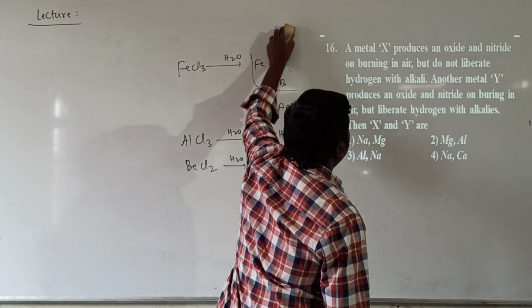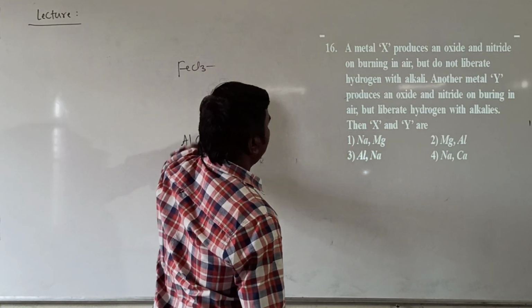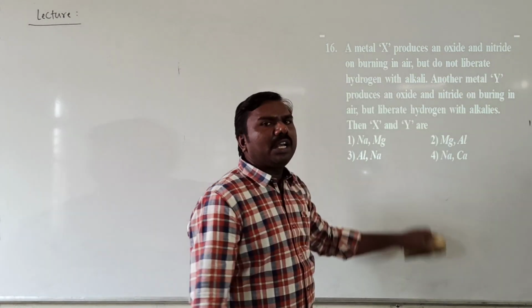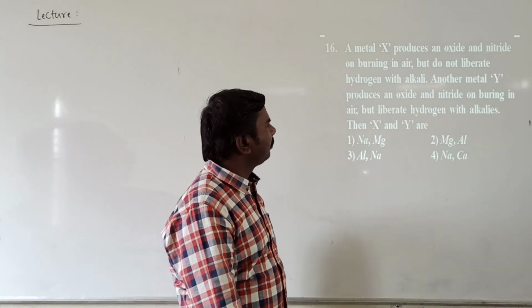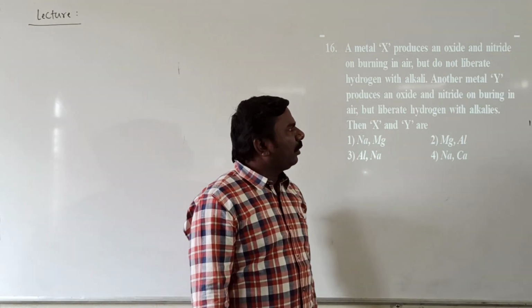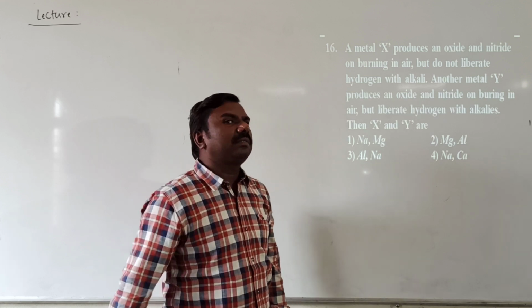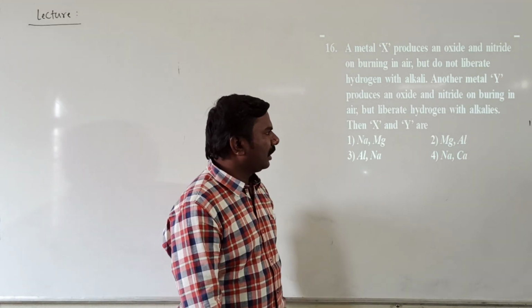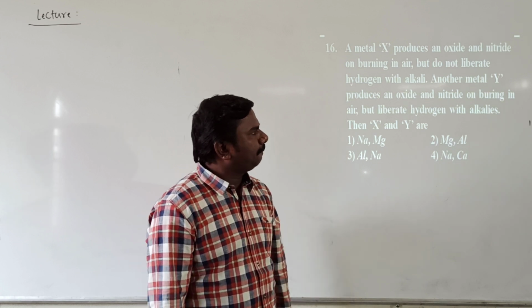A metal X produces oxide and nitride on burning in presence of air, but does not liberate hydrogen gas with alkali NaOH. Another metal Y produces oxide, nitride as well as hydrogen on reaction with the alkali. Which one is it?